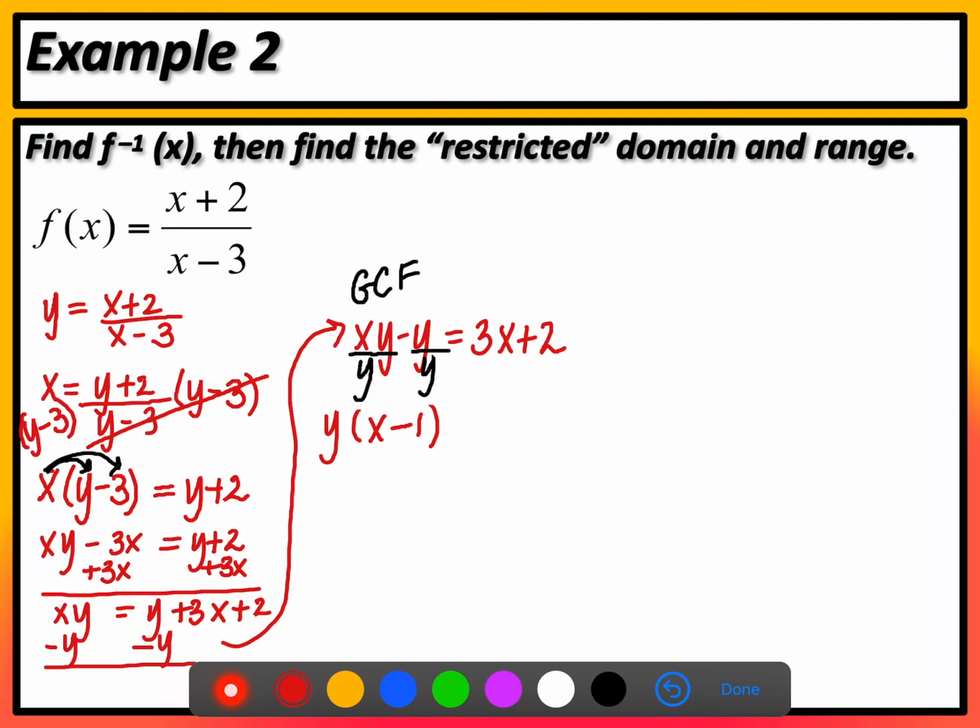Okay, so I know that that's correct, and I know that that's working, because I can go back and still have the same expression. But now I can isolate the y because, and you can divide by an entire expression in the parentheses if you want to take that whole thing with you.